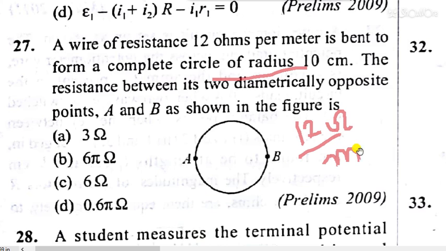Now I have to convert it into simple resistance. This is a resistance gradient. You can see resistance with respect to distance is given, 12 ohm per meter. The wire has length, let me change, because it is not 10 centimeter, the radius was 10 centimeter.